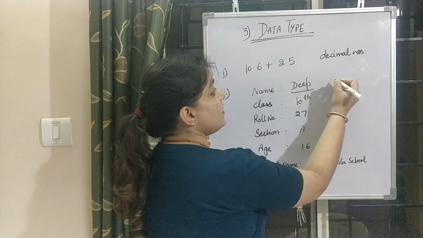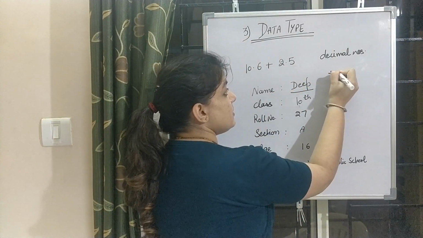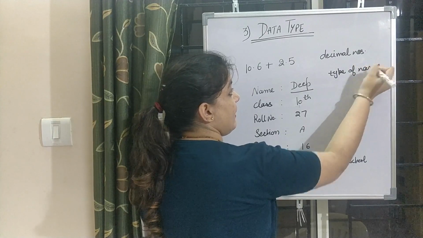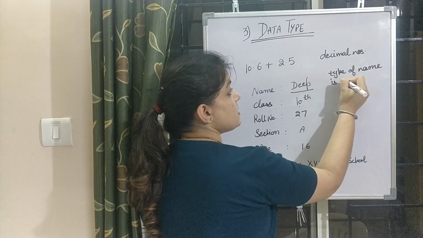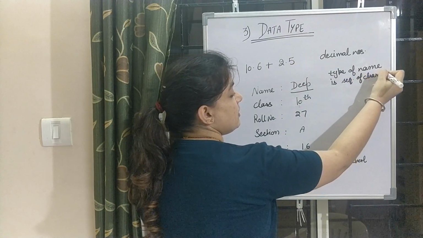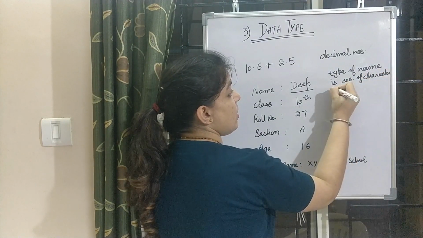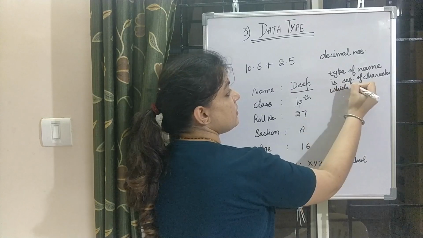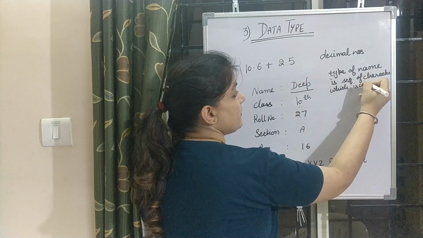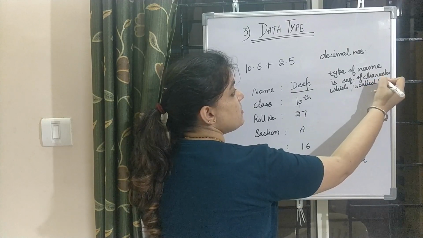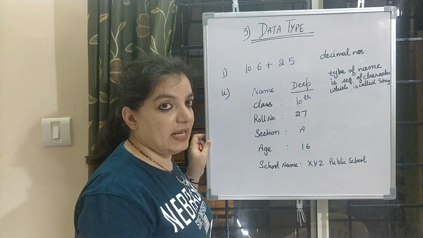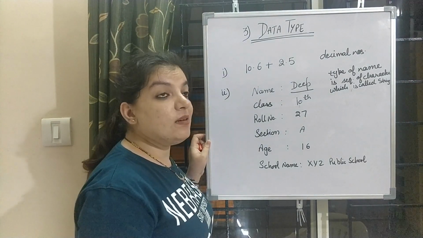So we will write the type of name is a sequence of characters, which is called a string. Whenever we have a sequence of characters, it is known as a string.